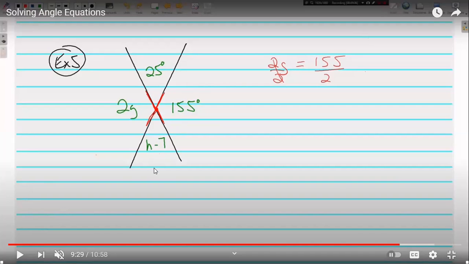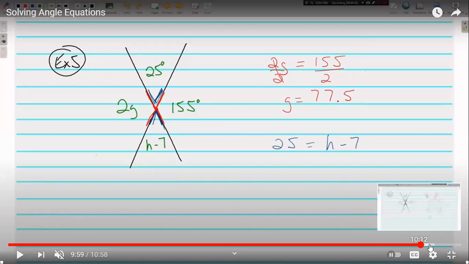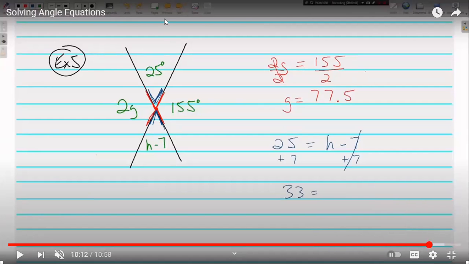So we solve the equation 2g equals 155. We divide both sides by 2, then we find the value of g is 77.5. The second pair, 25 equals h minus 7, so we transfer 7 to the opposite side, and then we solve the equation.